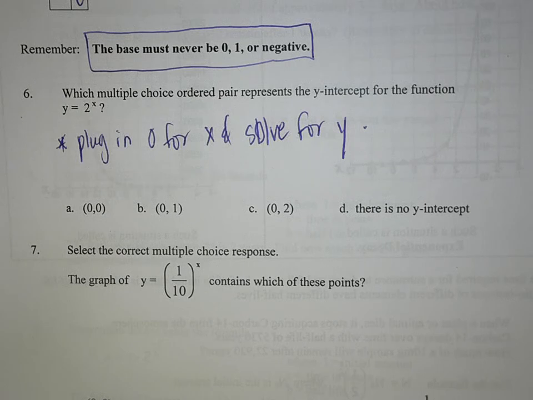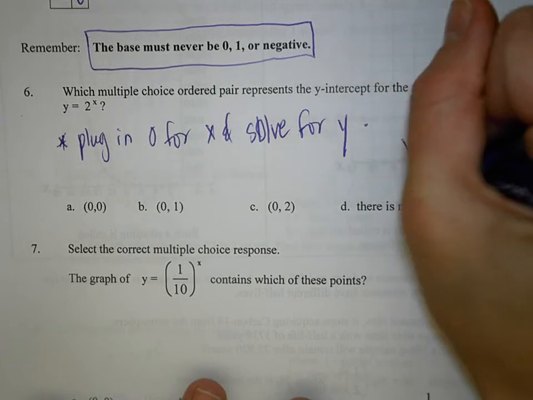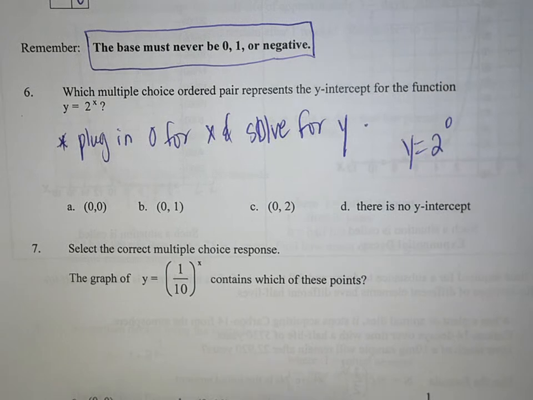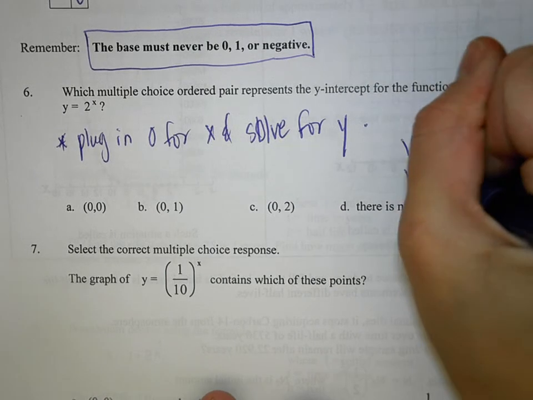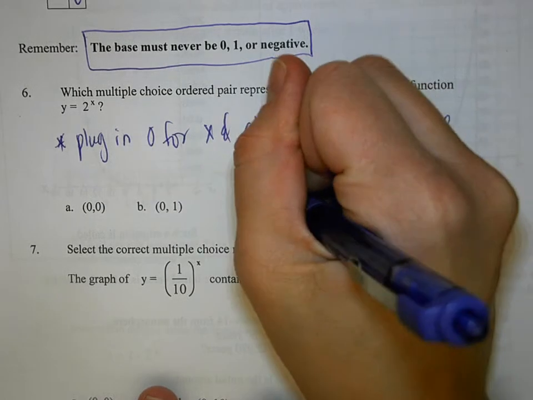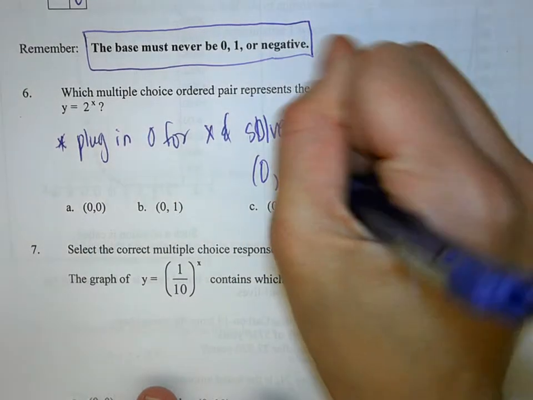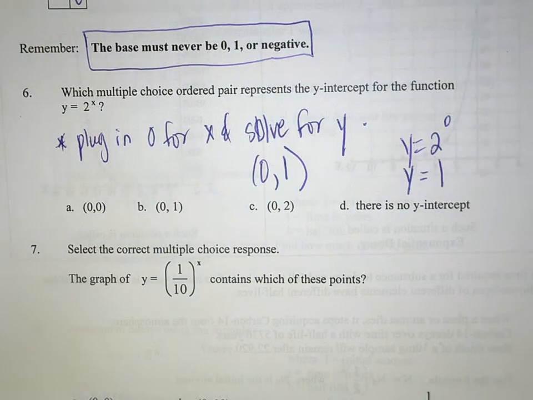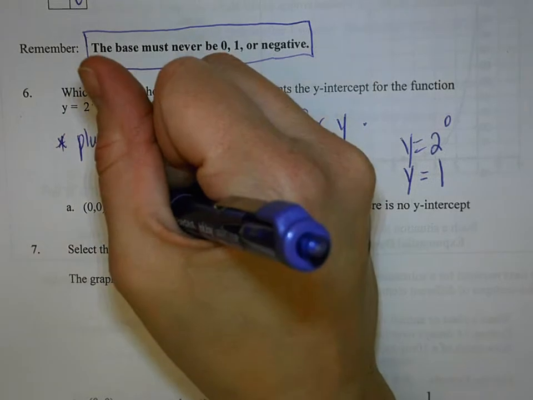So when you do that, y equals 2 to the 0 power. What is anything to the 0 power? 1. So y equals 1. Therefore my x value is 0 and my y value is 1. So the correct answer is B.